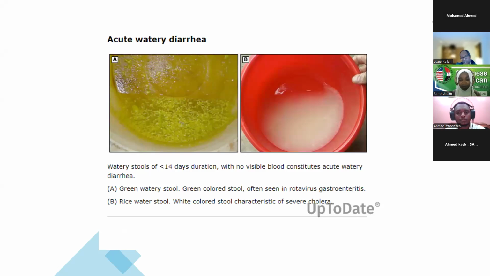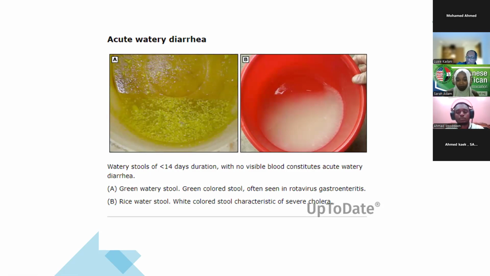This is a famous picture of acute watery diarrhea, and the difference on the left between gastroenteritis, which can look green, mostly in viral gastroenteritis, versus cholera, where the famous description is rice water, especially in what they call cholera gravis. So all of you are familiar with that.